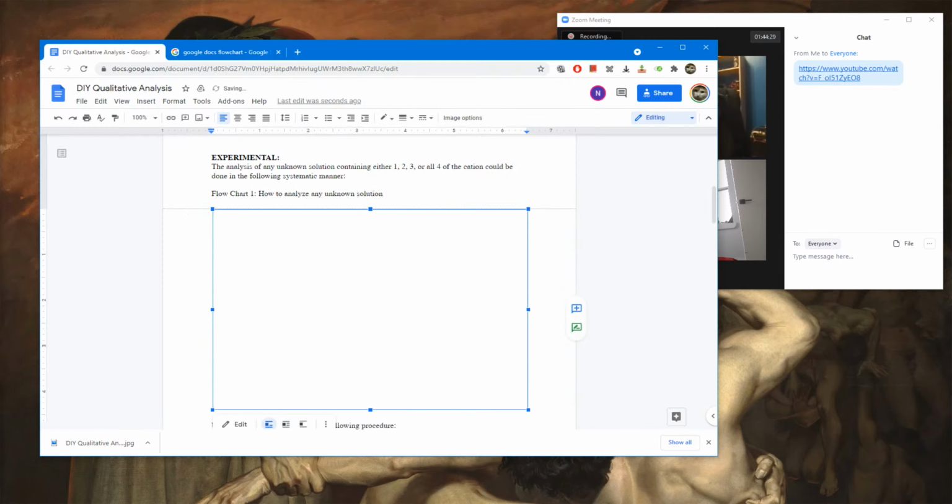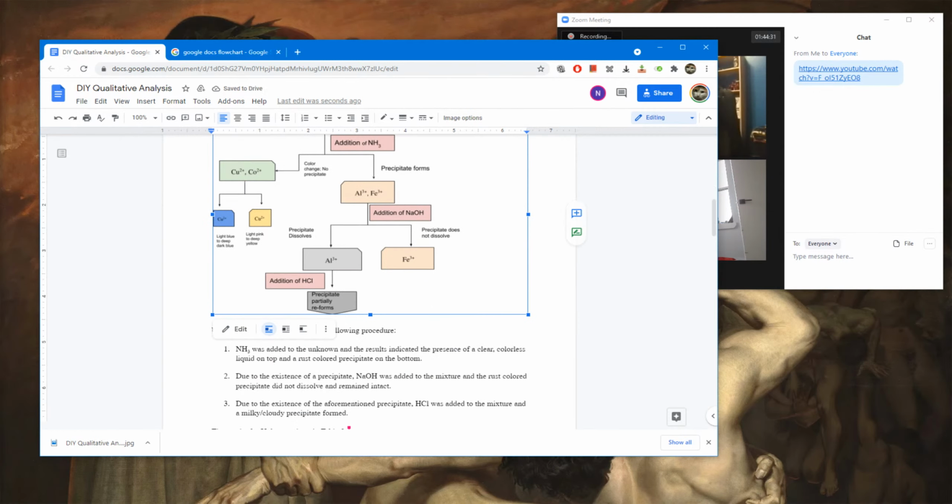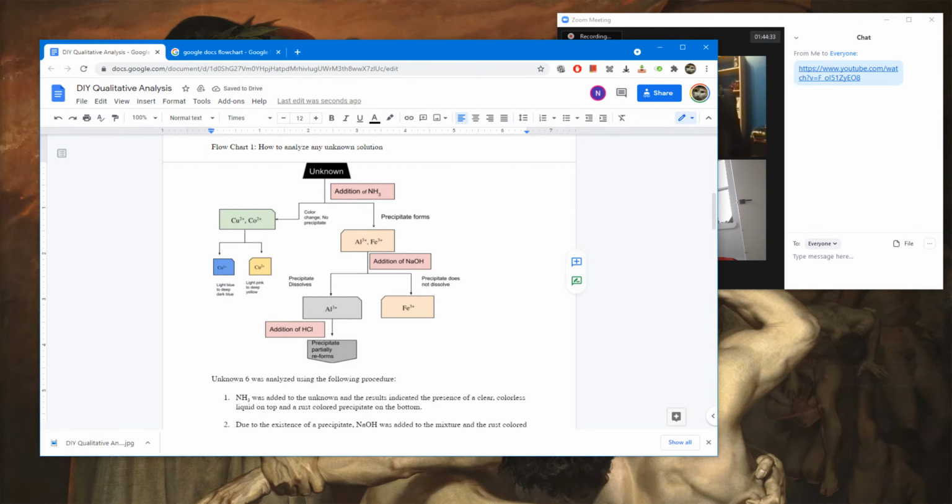Oh, there's an A inside the F. Yeah, I fixed that. Alright, that's actually perfect. That's a perfect experimental. That's thorough and everything. Okay, so we're finished with that.